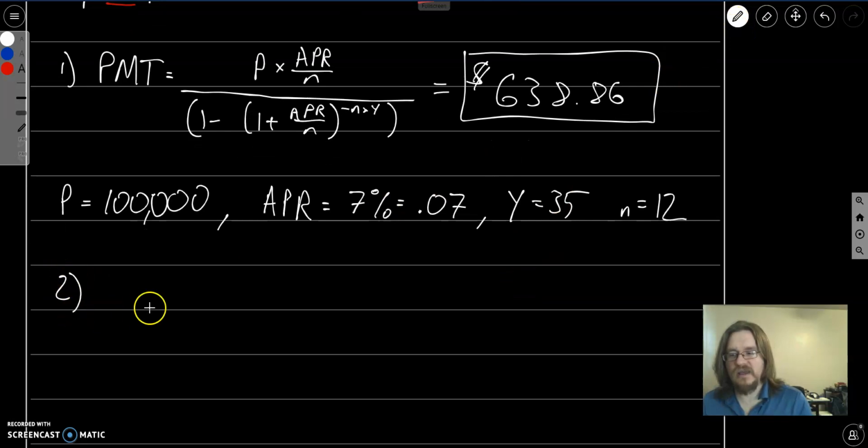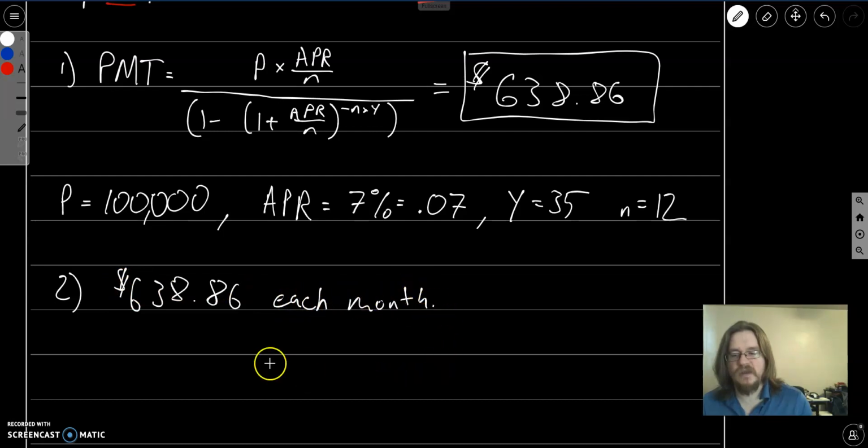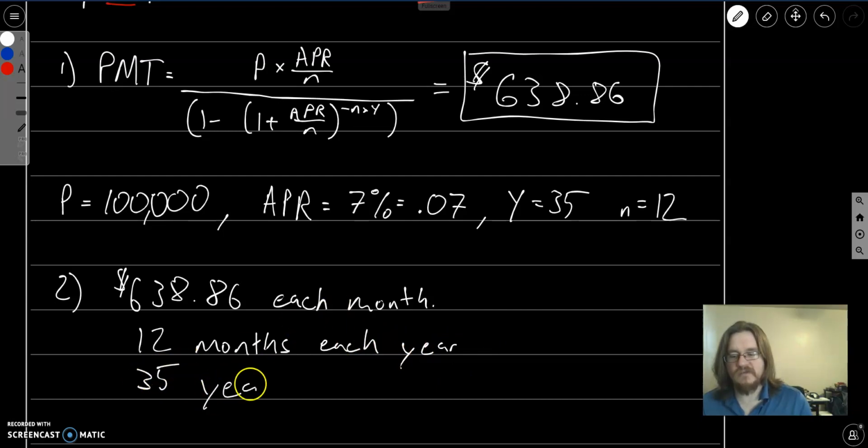Well, again, we're going to be paying $638.86 each month, for each month of the year, and there's 12 months each year, and we're doing this for 35 years.